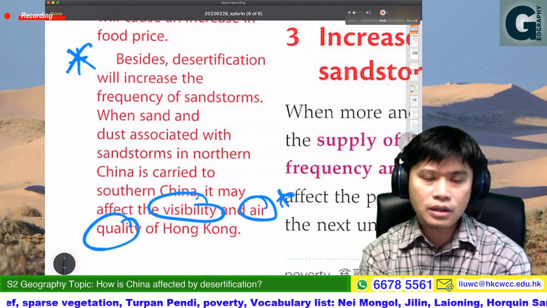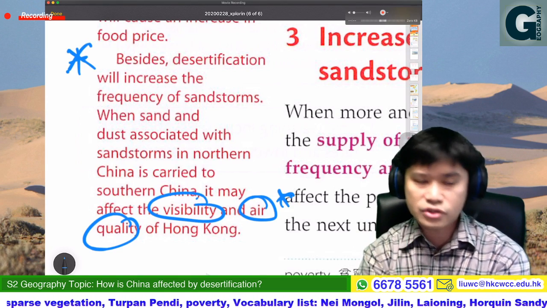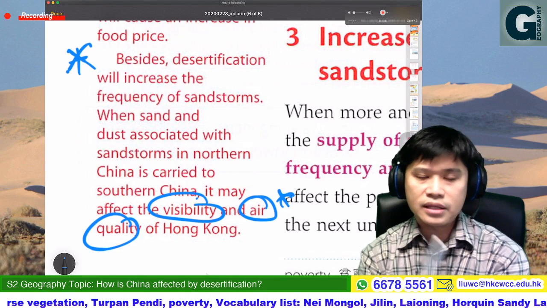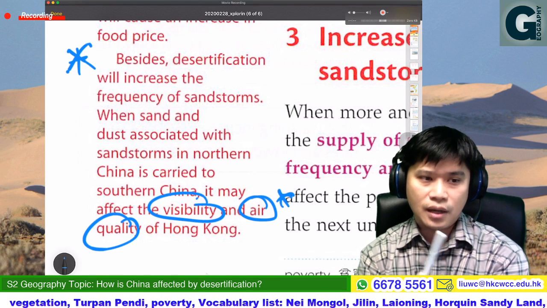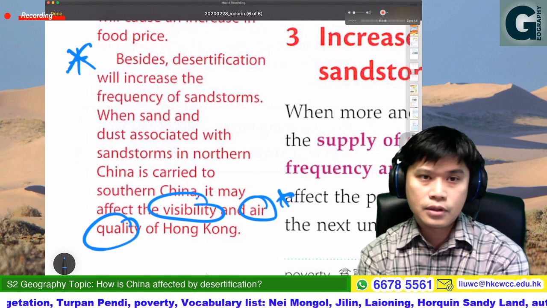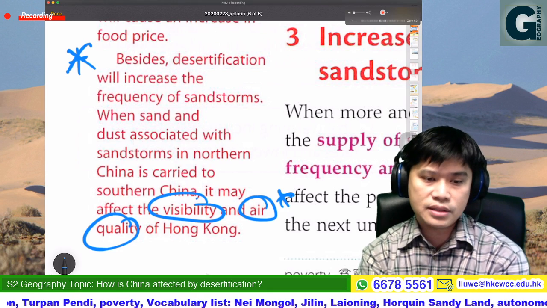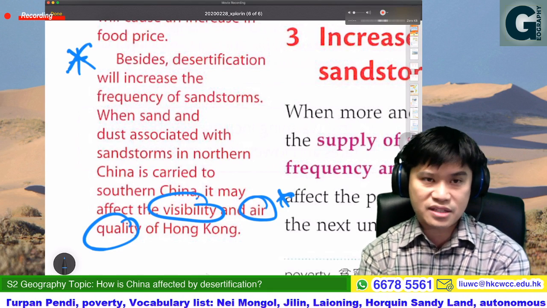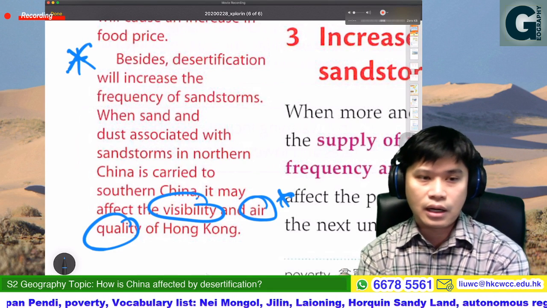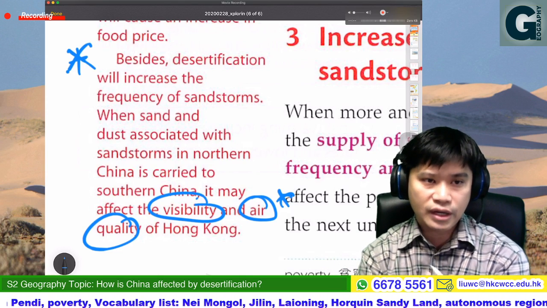I hope you still remember I have mentioned the case of sandstorm that is almost like 10 years ago. Almost, okay, I forget which exact year. That is Hong Kong under the influence of the sandstorm from mainland China and the air quality, okay, become very, very poor at that time. So the air quality index that reached to the maximum, like 500 in Kwun Tong, something like this.